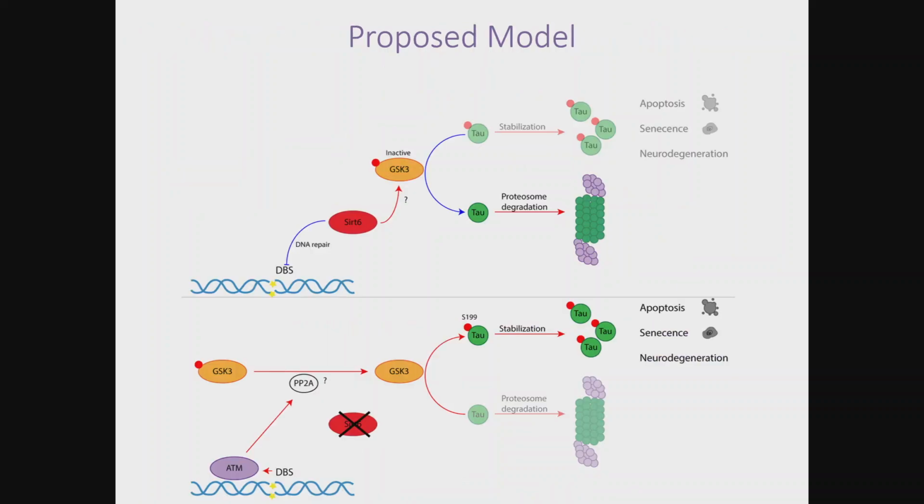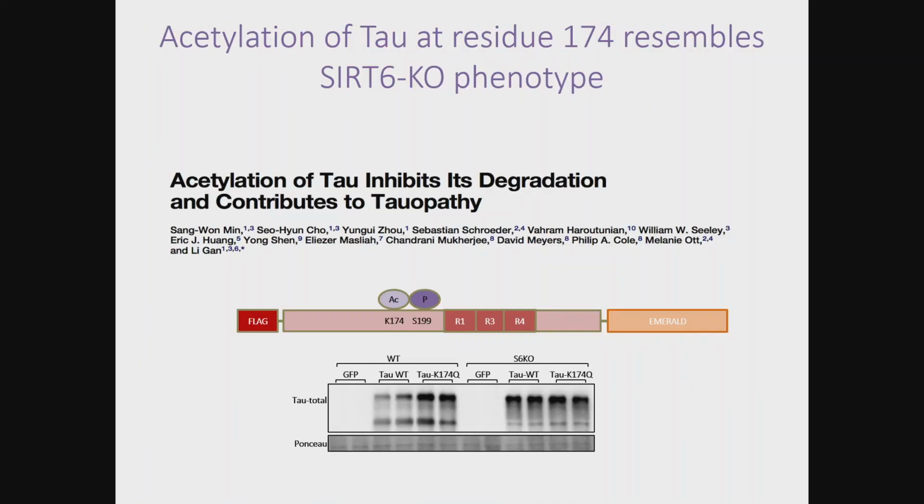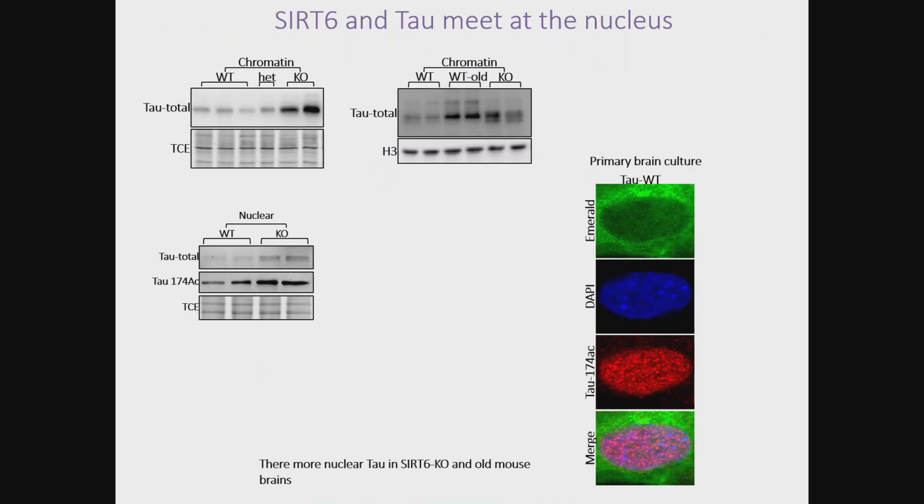So these are the kinds of things that we do in the lab, and of course I don't have time for the 100,000 slides that I prepared for you, but this is just to give you an idea of what we do, and also we collaborate with doctors for human samples. So this is our field of expertise for those of you that are interested in going into molecular biology.